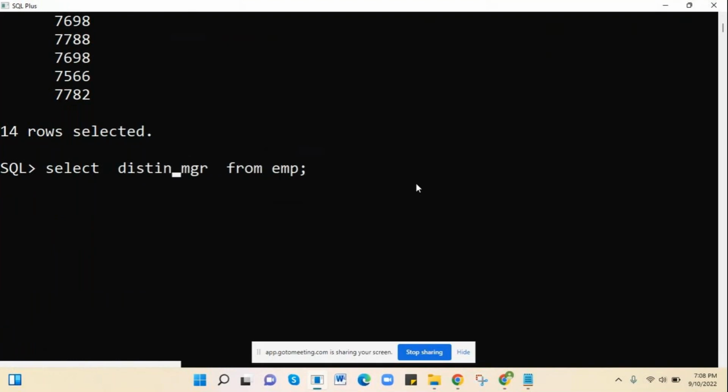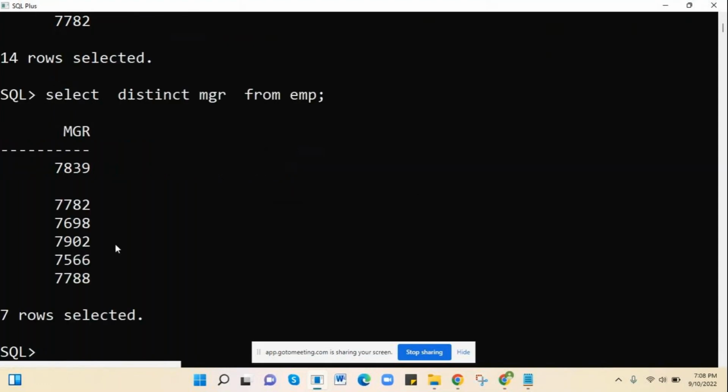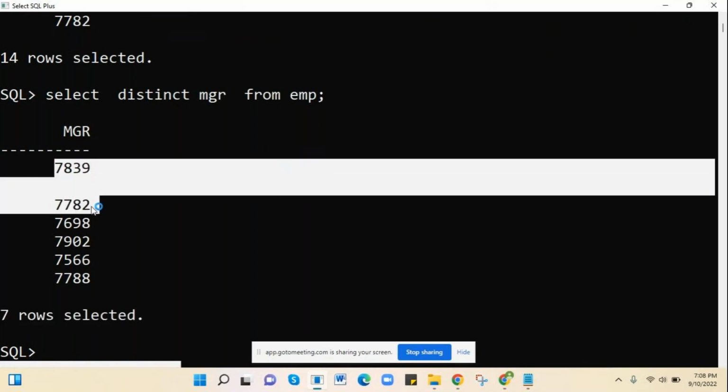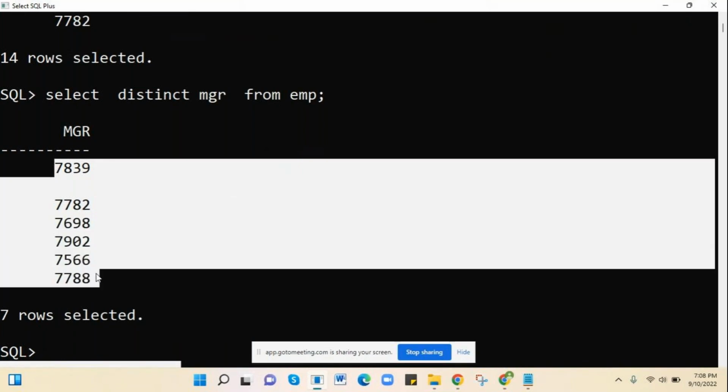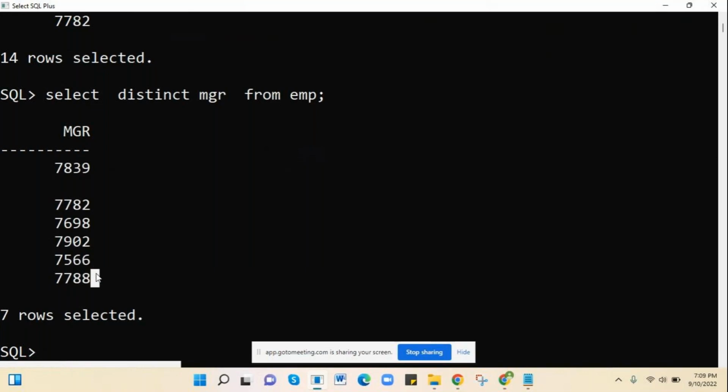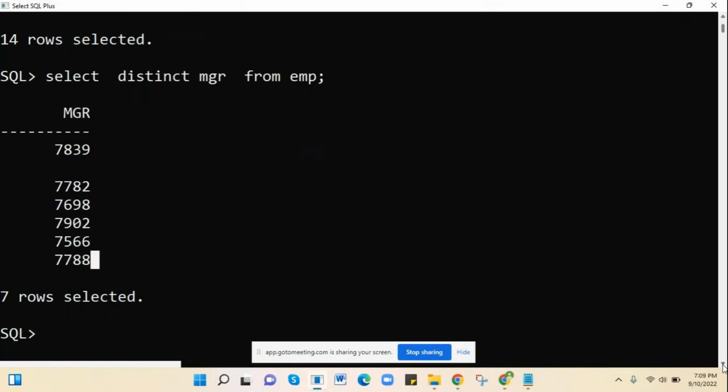At that time, use distinct, space, column name. You see, only 6, because one is null. 1, 2, 3, 4, 5, 6. Only 6 managers are there in my company.